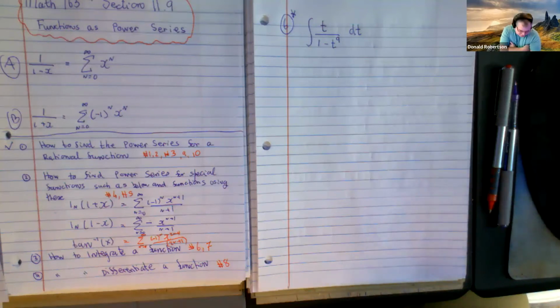So what do you do in science if you want to find the integral of something but you can't integrate it? Well, what you can do is find its power series, which is possible, and integrate that power series to get the power series of your integral. And then if you want to know what the integral is equal to, couldn't you just add the first 10 terms together? You'd also be able to sketch it, couldn't you?